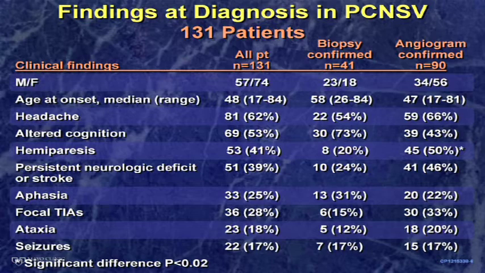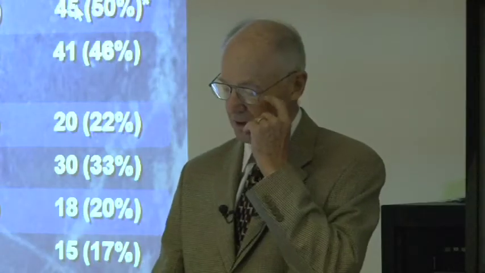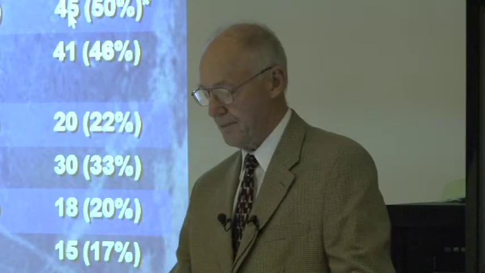But then on this one, we compare biopsy and angiograms, and the only difference between the two groups was the presence of hemiparesis in the group that was angiographically identified.